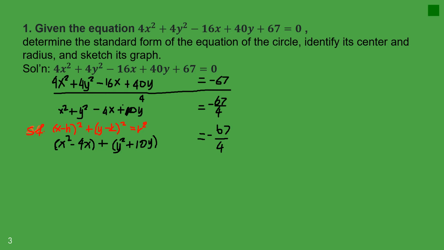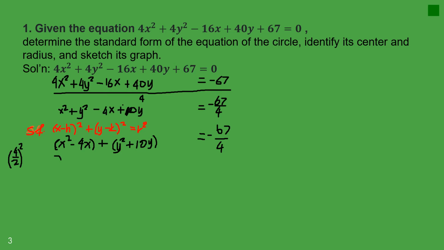What we're going to do is to find the third term of these perfect square trinomials, and to identify the third term, we divide the second term of the binomial by 2 and then square the resulting quotient. So the first term we have 4. We don't need to copy the negative sign there because we're going to square it after. So 4 divided by 2 is 2, squared is equal to 4.